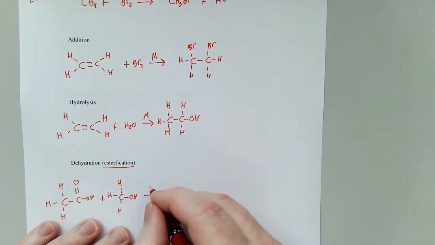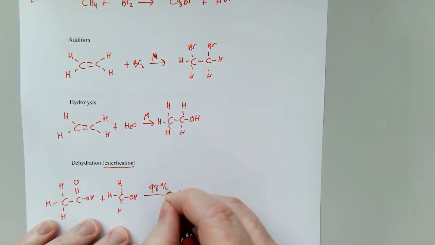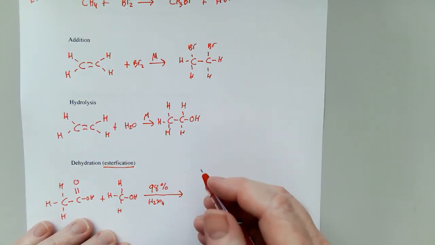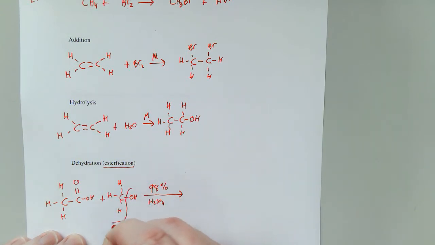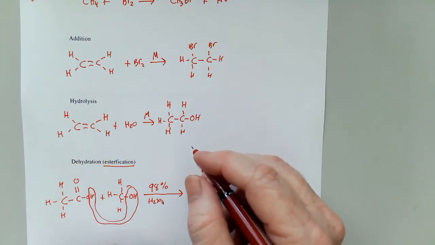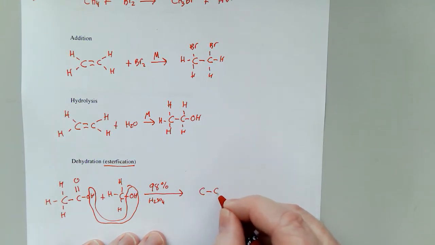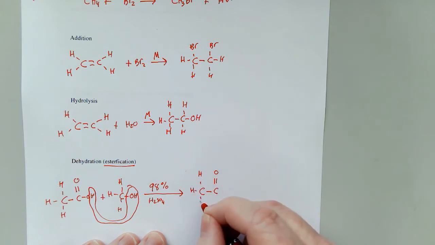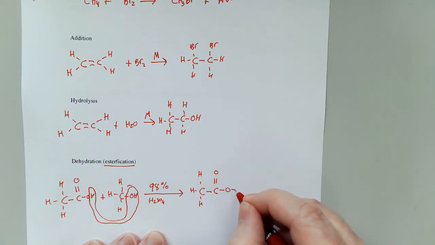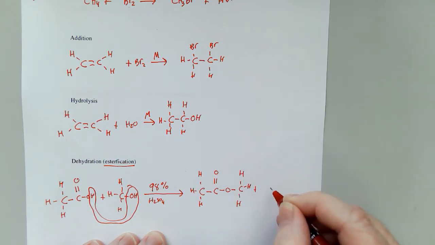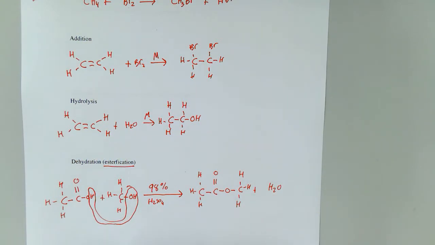We need a dehydrating agent, 98% H2SO4, or concentrated sulfuric acid. And what happens is that this OH group hooks up with that hydrogen, and what we end up getting is an ester and water.